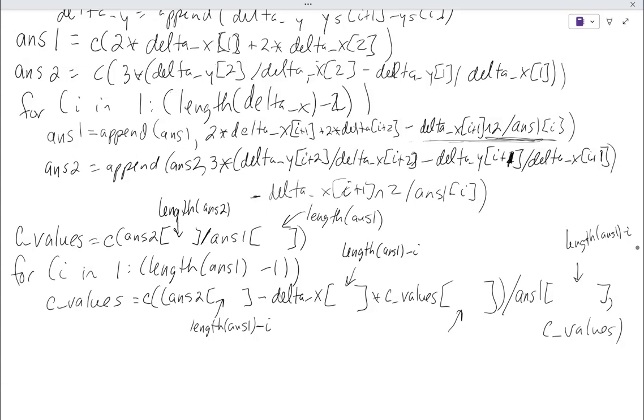The next one on the list is going to be going this way, Cn minus 2. What do I use that number for? The Cn minus 3, where's it going to go? In front. So what's the index of the number that we need to use every single time?